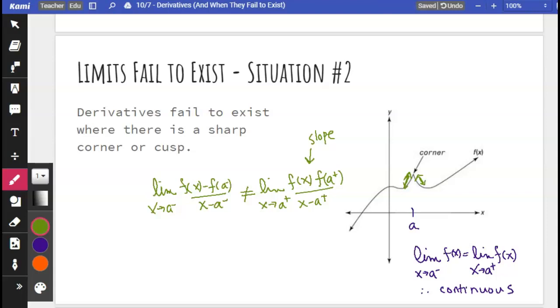And if your slope coming from the left does not equal the slope coming from the right, you're not going to be able to have a derivative at that point. Because again, a derivative is based on the idea of a limit. And we know in order for limits to exist, the limit from the left has to equal the limit coming from the right. And that also goes for derivatives.